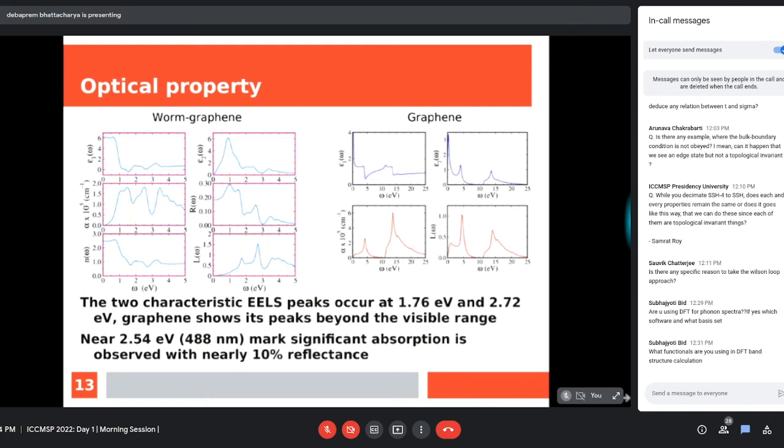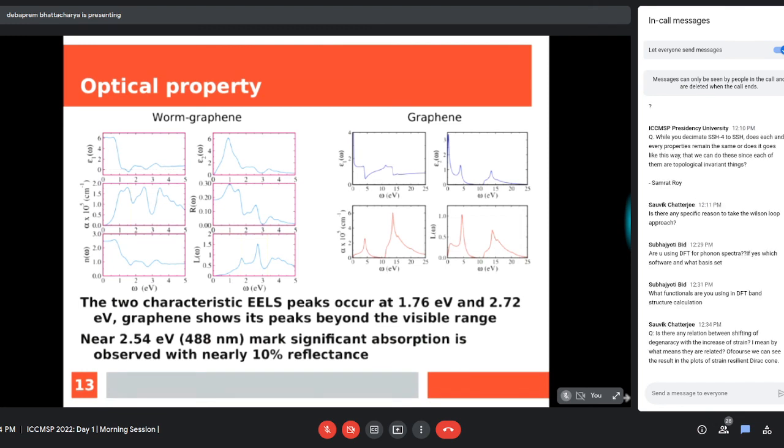So optical response can be seen within the visible range for this material, and near the 488 nanometer range, it shows a significant amount of absorption of light and 10% reflectance of light. So its optical behavior is very much different from graphene, and it can be used for some optoelectronic devices.